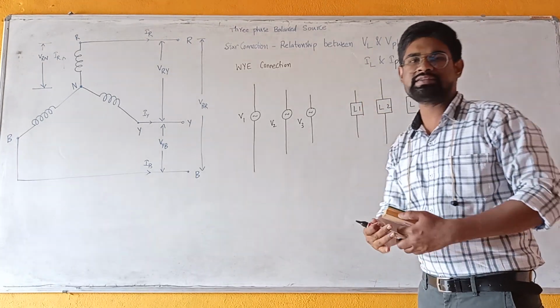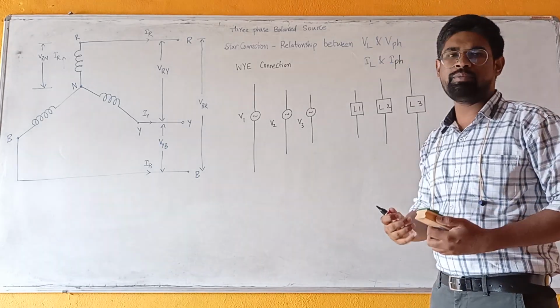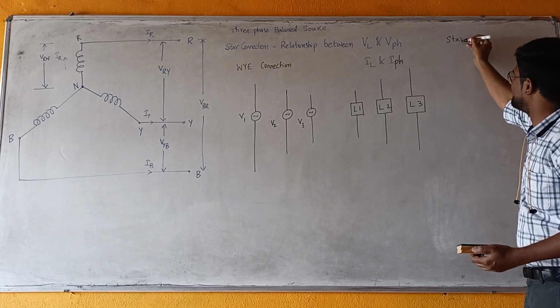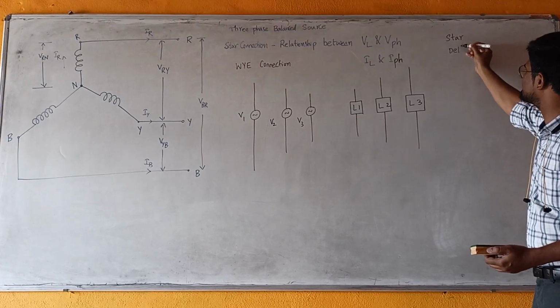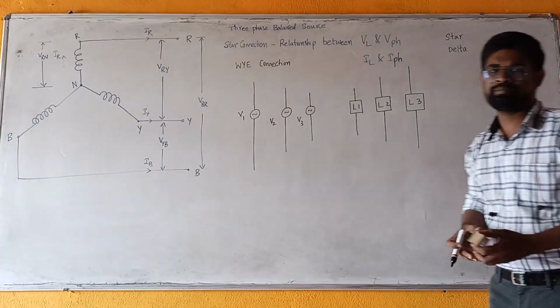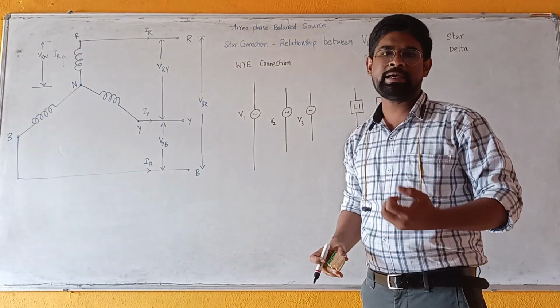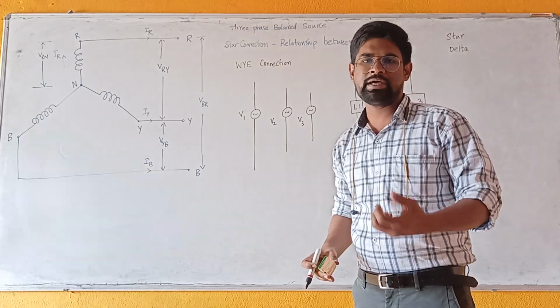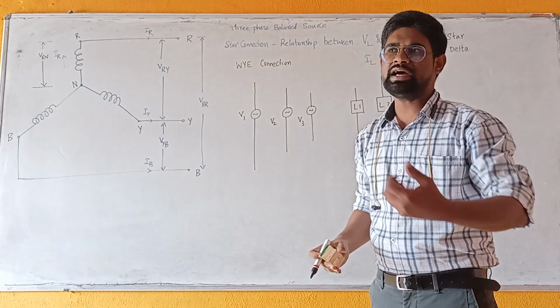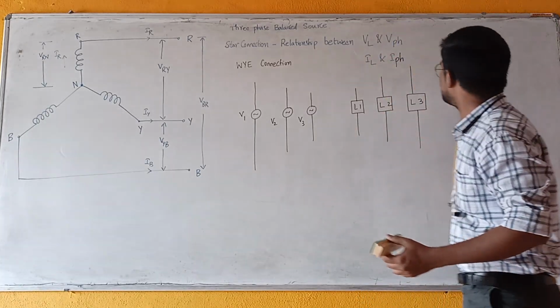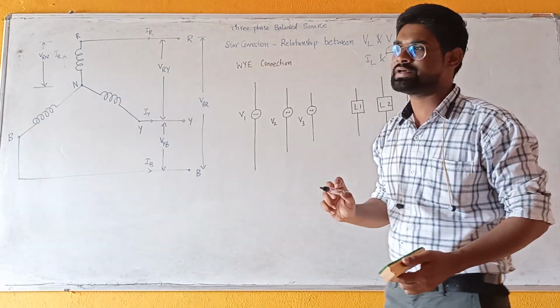Actually, in a three-phase system, we have two important types of connections. One is star type of connection and the other one is delta type of connection. So, why do we need to go for star and delta types of connections?